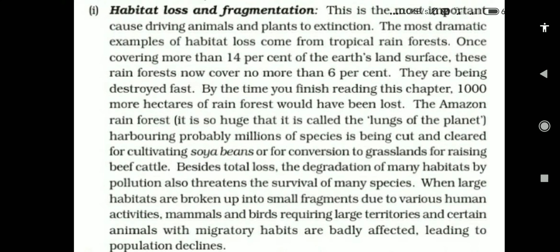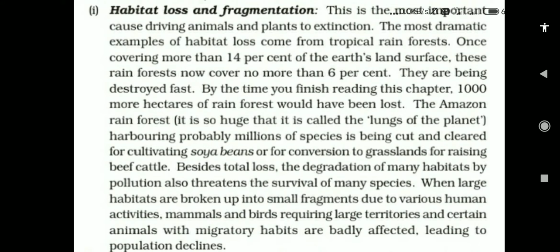One more important thing: when large habitats are broken up into small fragments due to human activity, mammals and birds requiring large territory to survive, and certain animals with migrating habits, are badly affected.